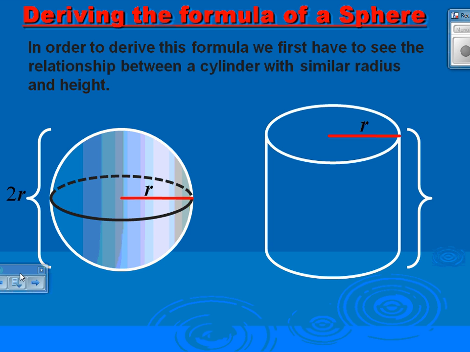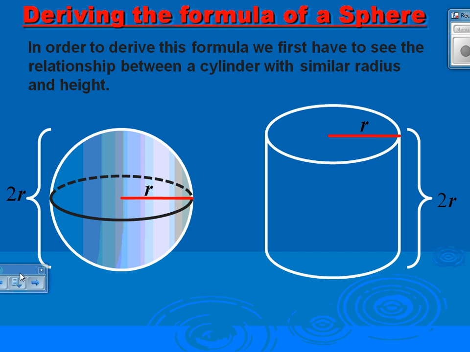As I said before, the sphere is supposed to be as tall as the cylinder. So if the sphere is 2r, what's the height of the cylinder? Well, that's also supposed to be 2r.